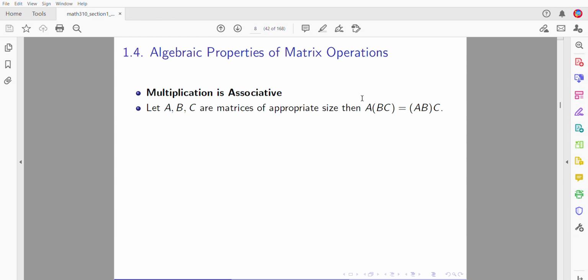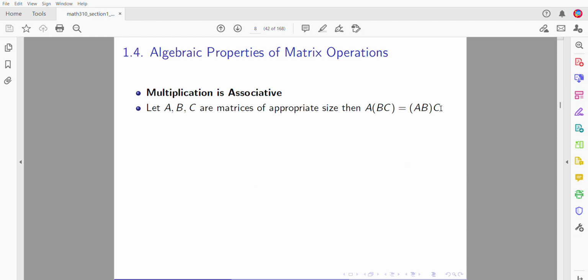Now here is a theorem. Multiplication is associative. Now you have matrices A, B, C of appropriate sizes. Why appropriate? Because you may not be able to multiply otherwise. You need the appropriate size to multiply matrices. Then A parenthesis BC is parenthesis AB, C. Okay.